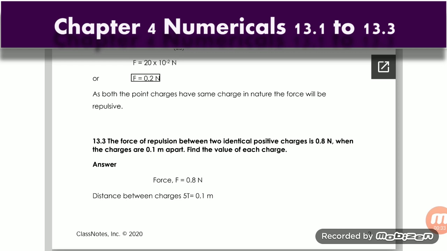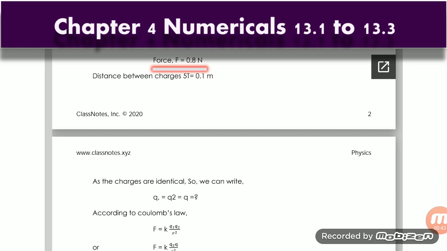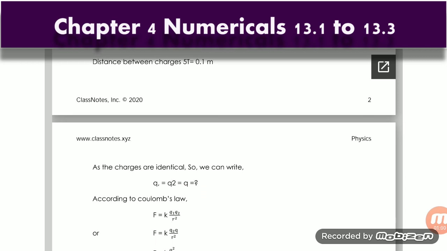We write the given data. Force F is equal to 0.8 newtons. Distance between the charges is 0.1 meters. As the two charges are identical, their values will be the same, so we write Q1 is equal to Q2 is equal to Q.